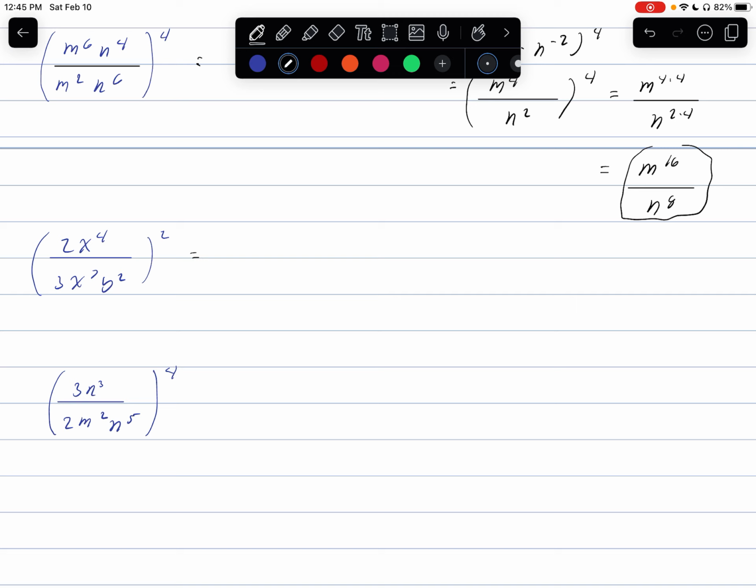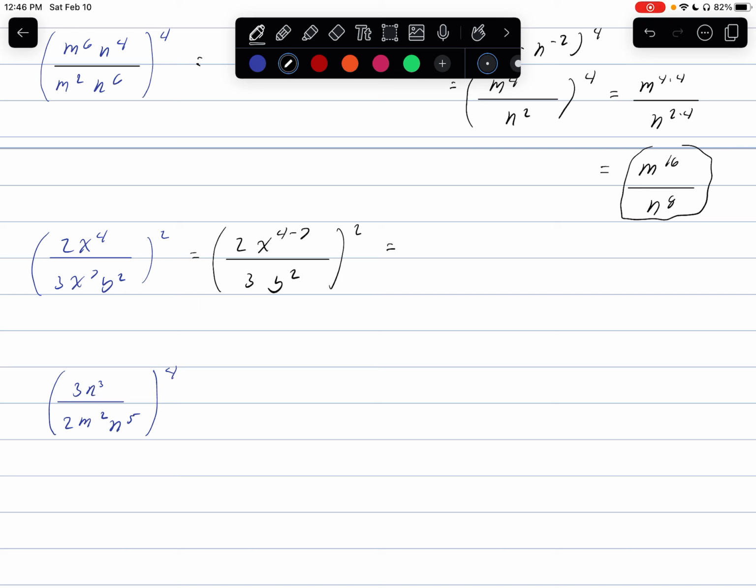If we have x to the 4th and x to the 7th, this is the same thing as 2x to the 4 minus 7 over 3y squared. And remember, we're squaring this whole thing still, so let's keep that around.